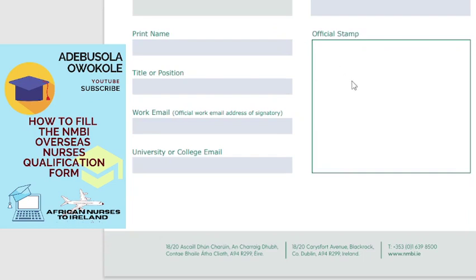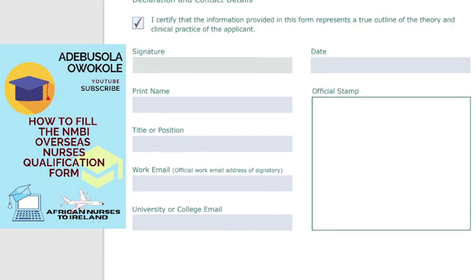So this stamp is the official stamp of the school. They need to stamp that. If the school has a seal or whatever they use as their official seal or stamp, they can put it in the space. And the name, this is the name of the person that is filling your form for you. Title or position, like it could be nurse manager, it could be chief educator, it could be anything.